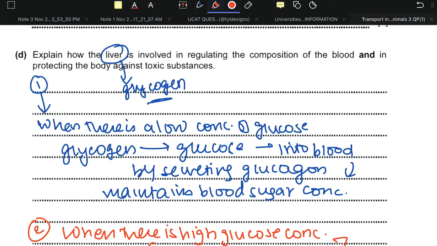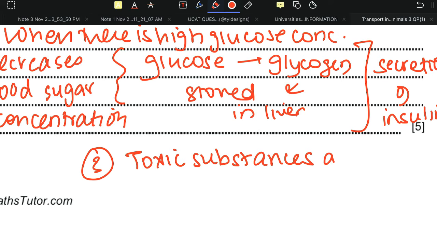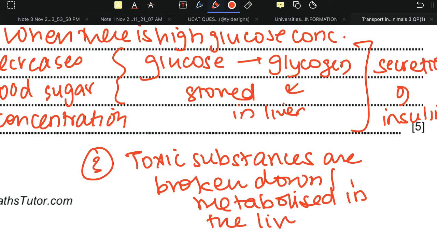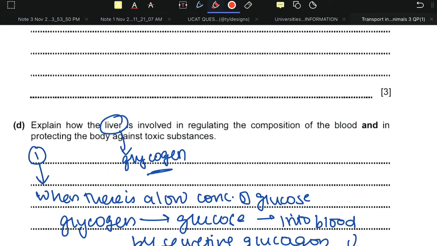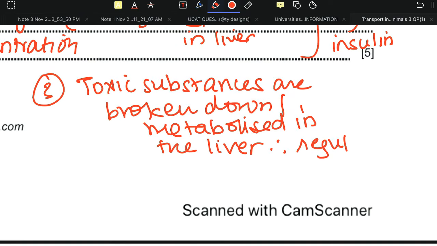Now you can also talk about how, in the liver, toxic substances like alcohol are broken down or metabolized in the liver, and this helps to maintain the composition of the blood, hence regulating. This is how you'll end your answer: hence regulating the composition of the blood.